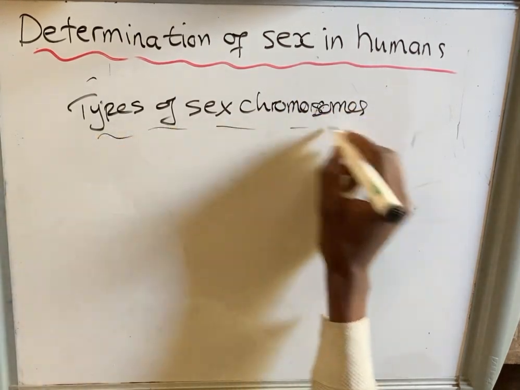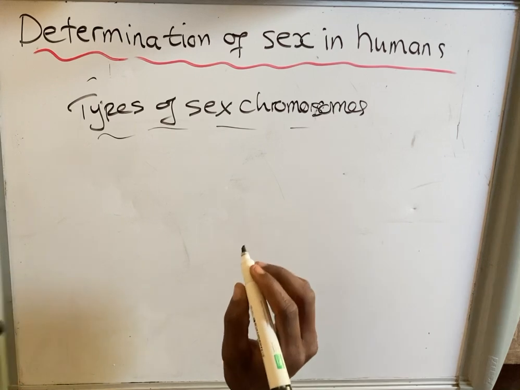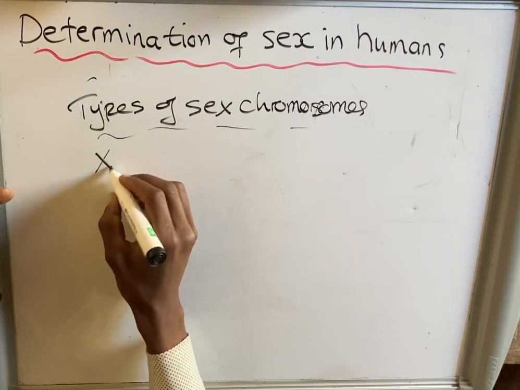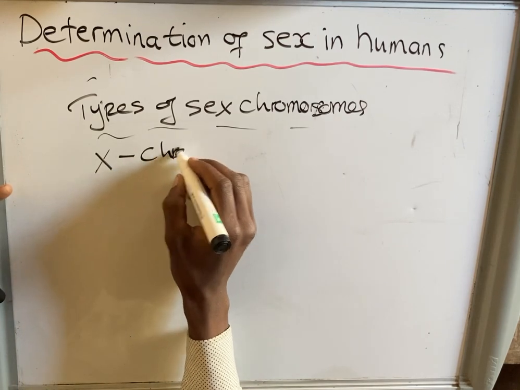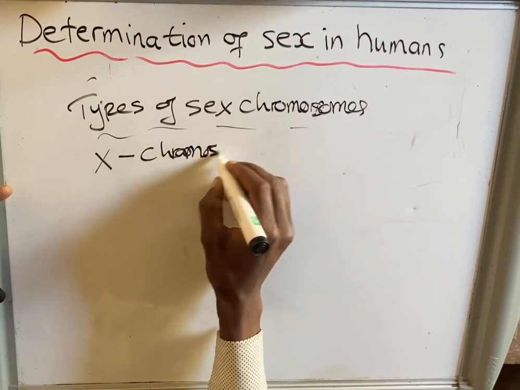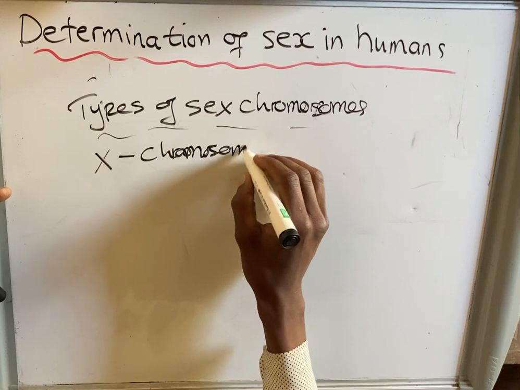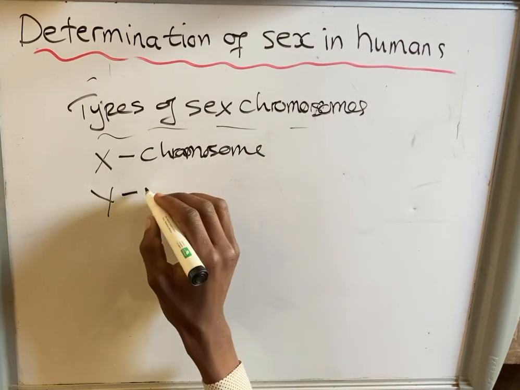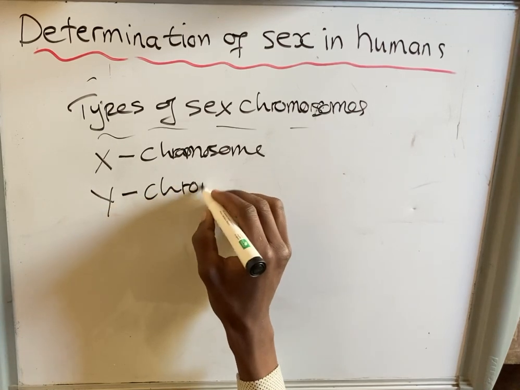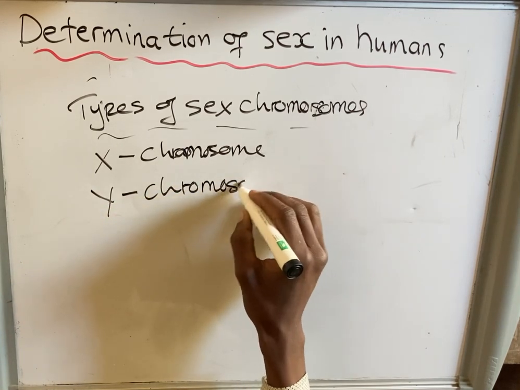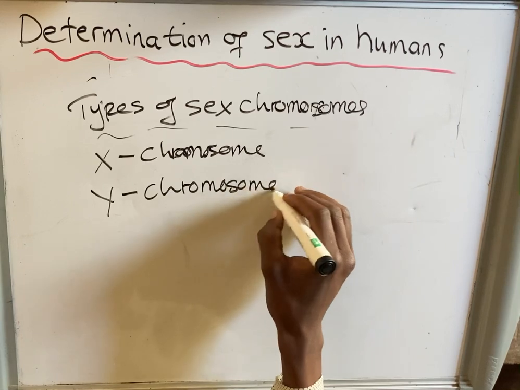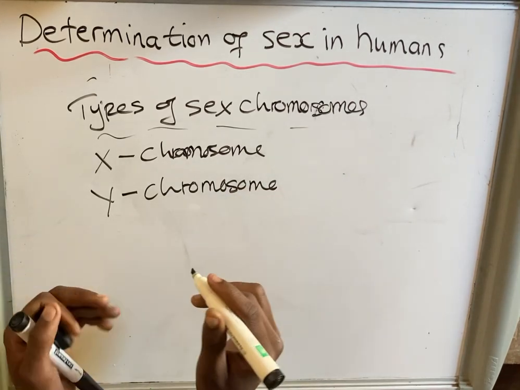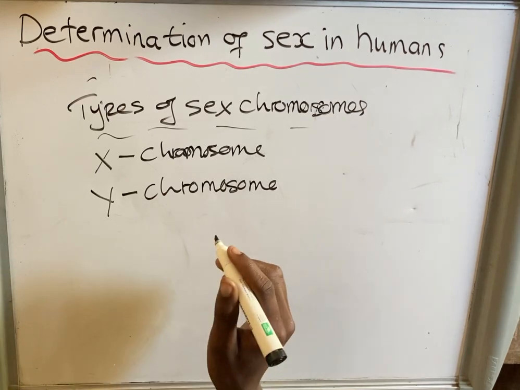So we are saying that in humans, there are 2 types of sex chromosomes: the X chromosome and the Y chromosome. These are the chromosomes which determine the sex of a person.